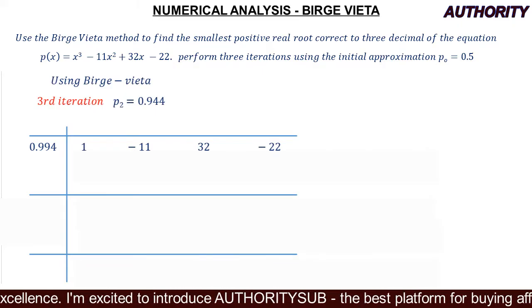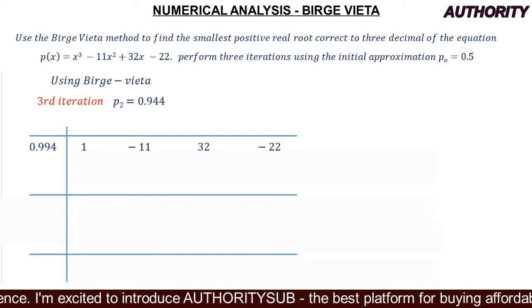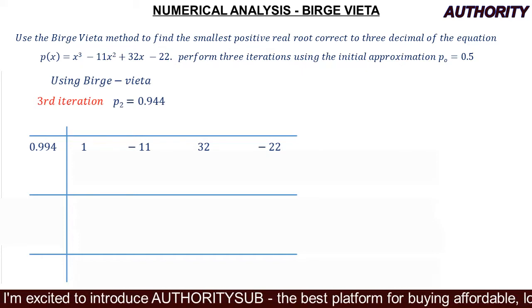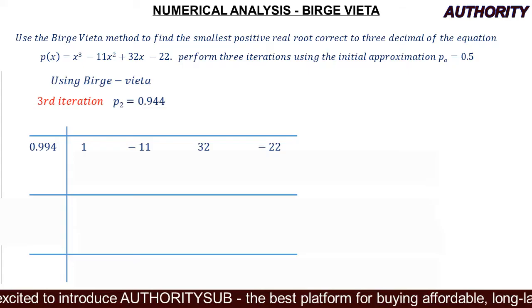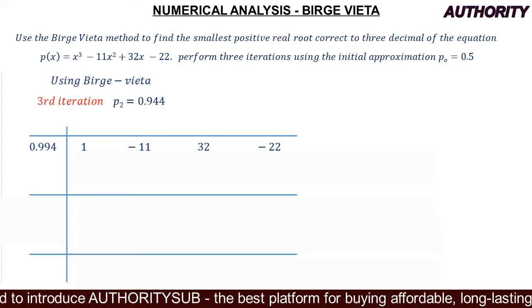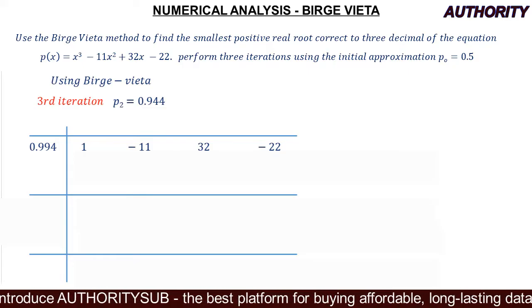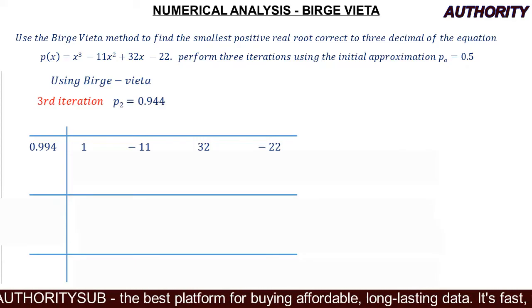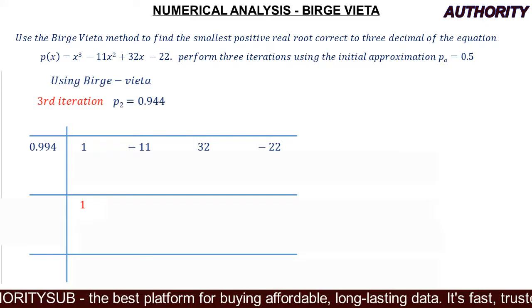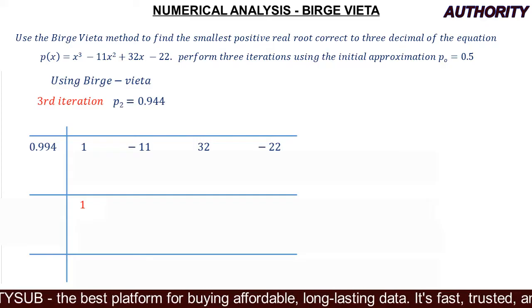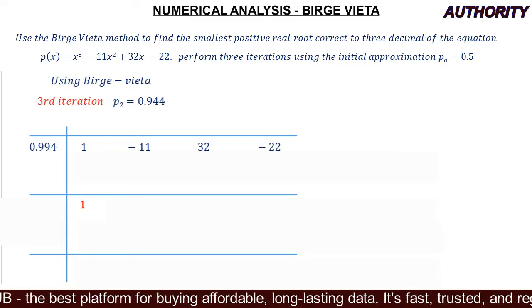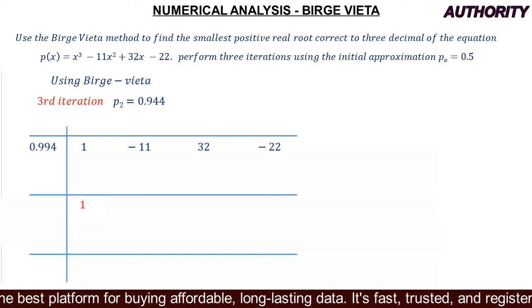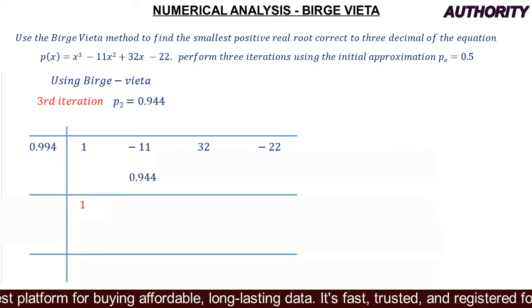What do we have? The same table again, and the same coefficients: 1, minus 11, 32, and minus 22. And then we have our divisor, P2, to be 0.994. So let's go. We bring this one down. This one multiplied by P2 gives 0.994.